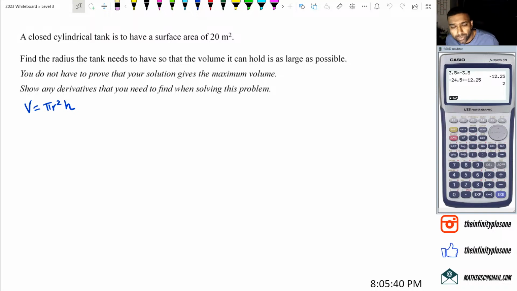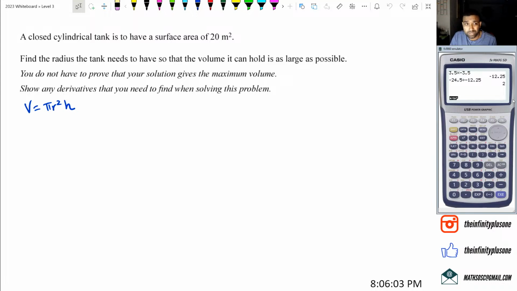All right. So when it comes to optimization questions, one of the things that you will see is that you'll have two different letters. Sometimes I even write down all the formulas that I am going to need for this.